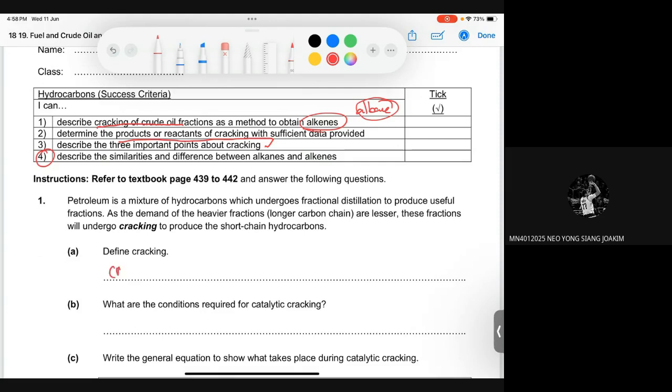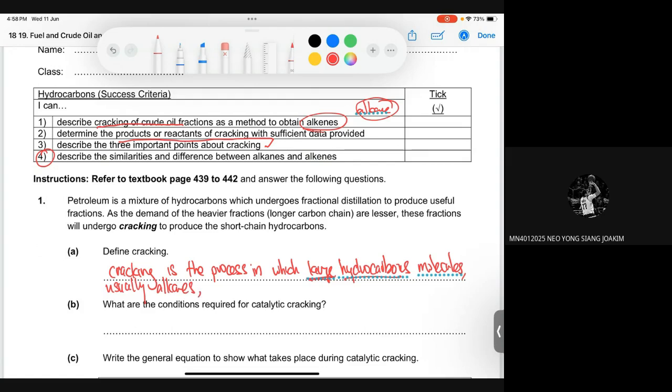So cracking, okay, so right now, cracking is the process in which large hydrocarbons, take note, must be hydrocarbons, not organic compounds, large hydrocarbon molecules, usually alkanes, are broken down into smaller hydrocarbon molecules.